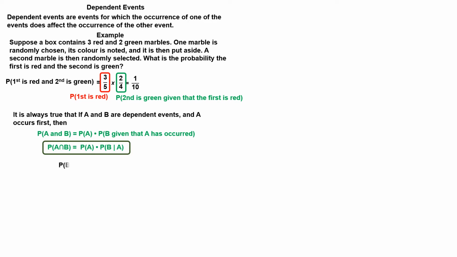This notation is called conditional probability and is read the probability of event B given that event A has occurred.